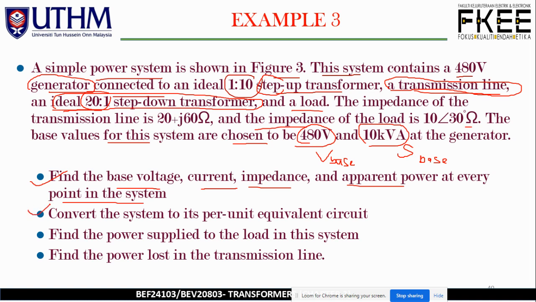Secondly, you need to convert the system to its PU equivalent circuit, and then find the power supplied to the load in the system, the P. And find the power loss in the transmission line.